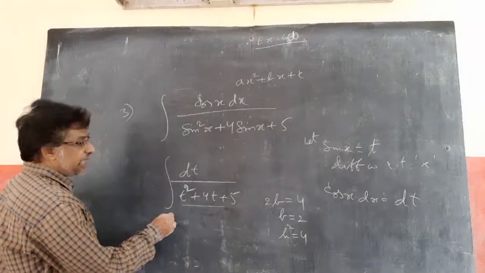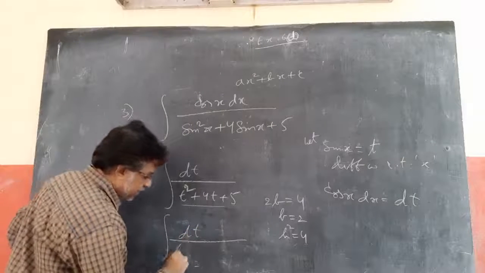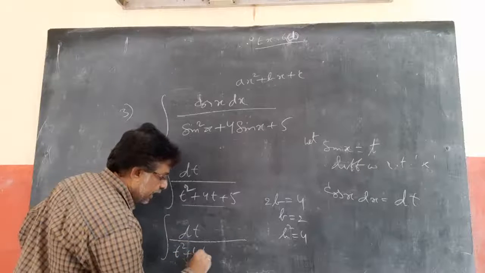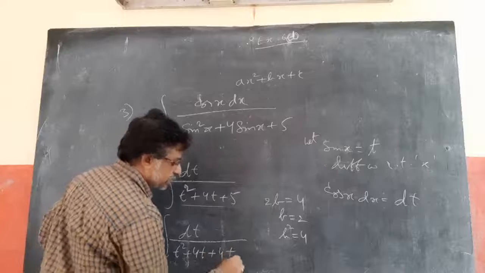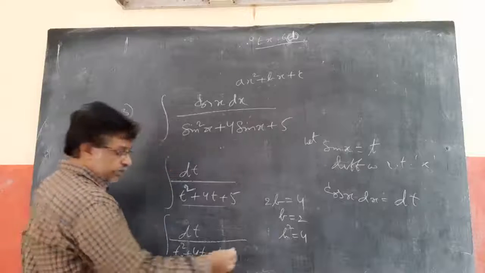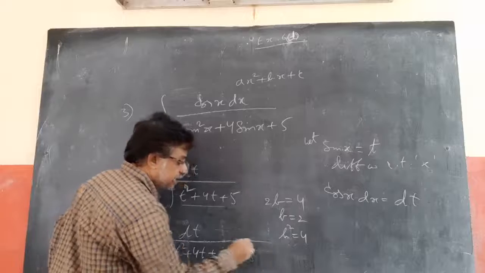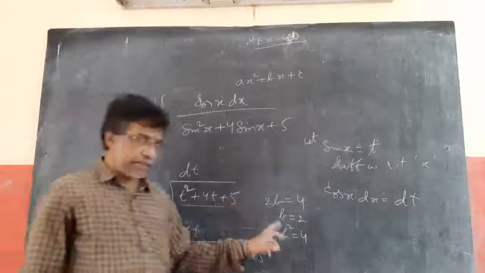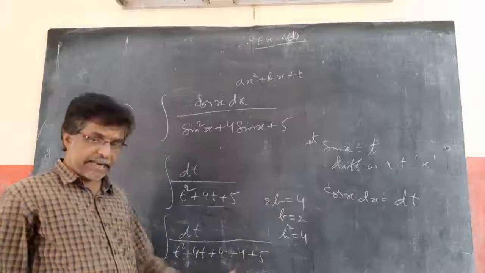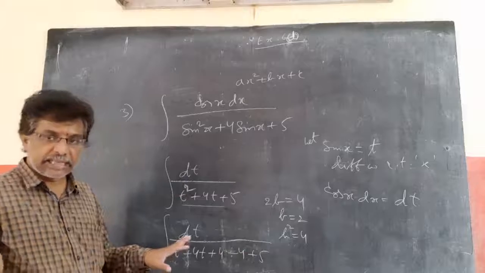Always it will be completing square. So dt by t square plus 4t plus 4, I am adding 4, so I should subtract 4, so that the value will not change, plus 5. I am finding 2b as the coefficient and I am finding b square, adding b square and subtracting b square, so that plus 4 minus 4 doesn't change the given value.